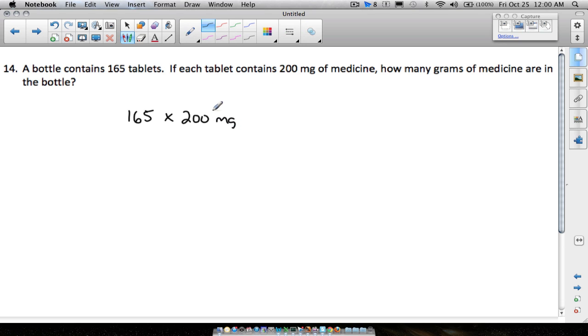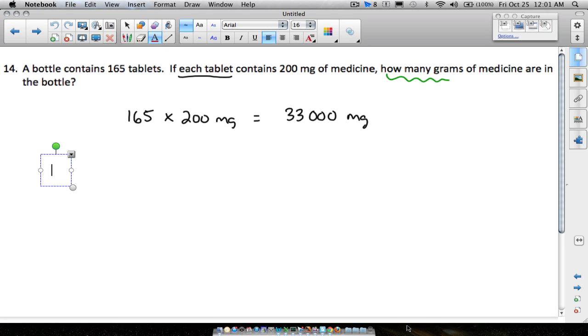There's 200 milligrams for every tablet. 165 times 200, we get a big answer of 33,000, but this is milligrams because we were given milligrams here. If there's 200 milligrams per tablet and 165 tablets, you have a total of 33,000 milligrams in all. But notice the question says, how many grams?